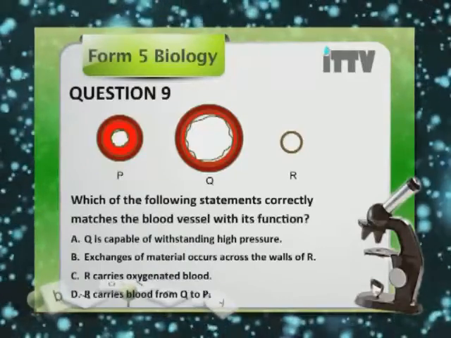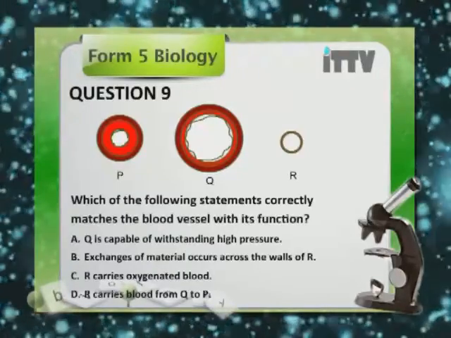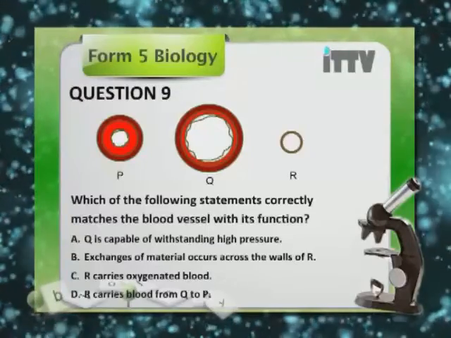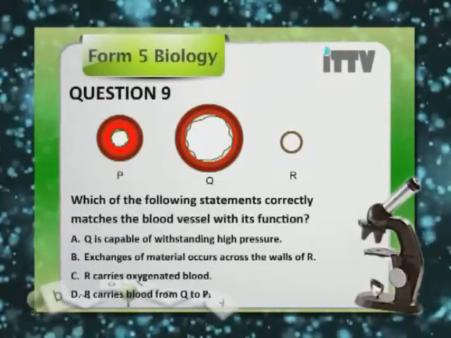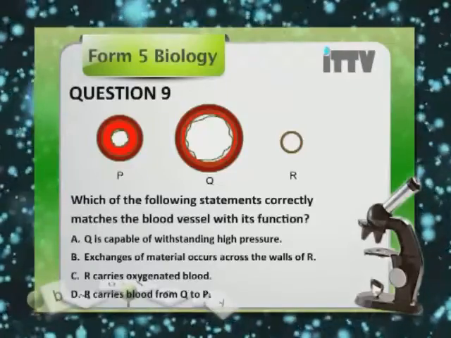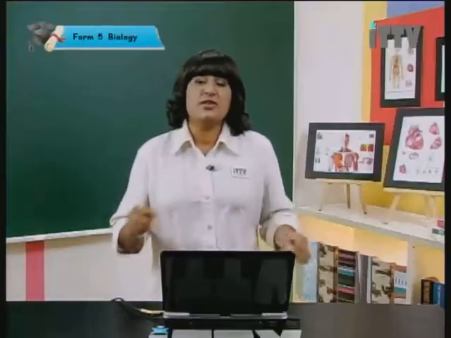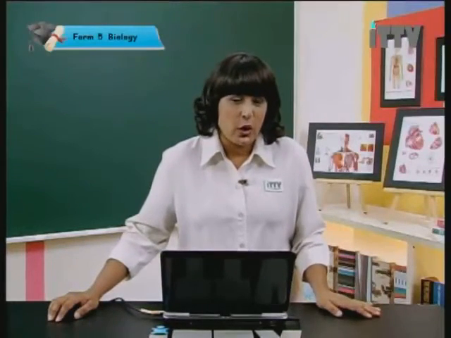P. Let us take a look at P. Is P an artery or a vein? And let us take a look at Q. Is Q an artery or a vein? How would you distinguish an artery from a vein? Dear students, I hope you are able to recall from what we have learned so far.